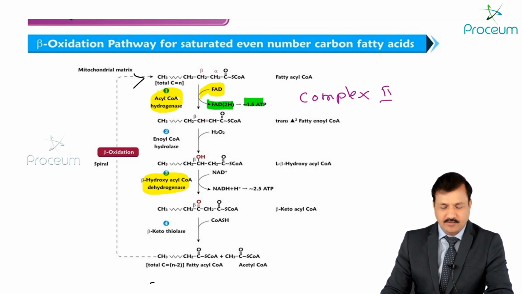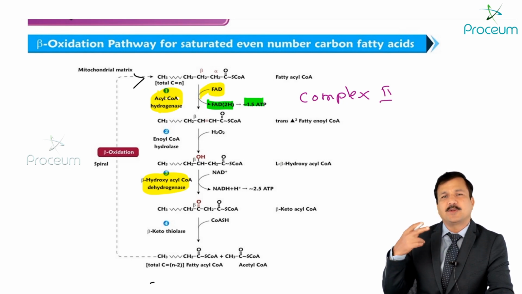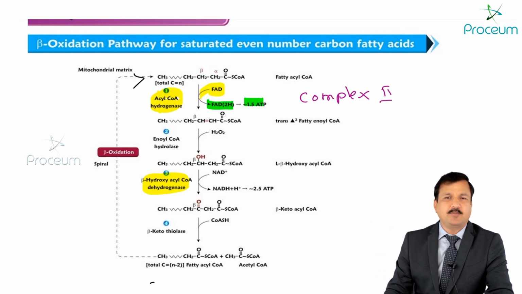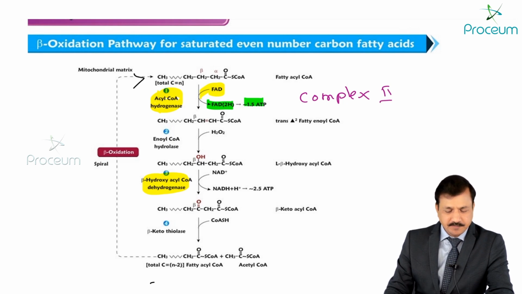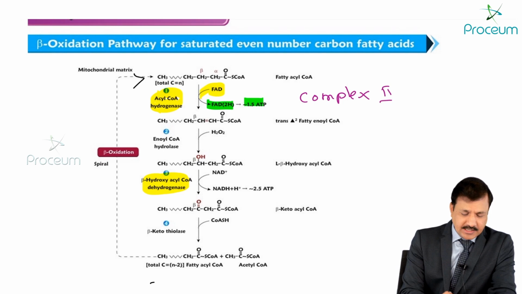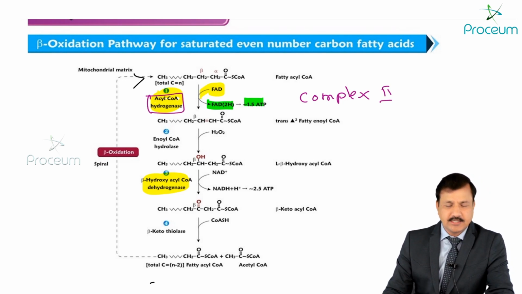As we have studied in the electron transport chain lecture, anything that enters into complex 2, that is FADH2 entering there, is going to help in pumping up 6 protons, and that means 1.5 ATPs are generated there. So acyl-CoA dehydrogenase is the enzyme making FADH2 in this reaction and allowing this FADH2 to go into complex 2 of the electron transport chain.